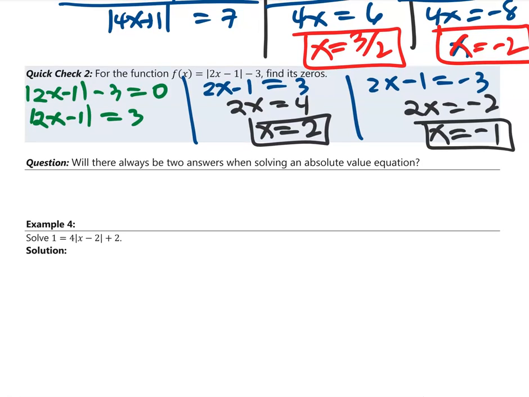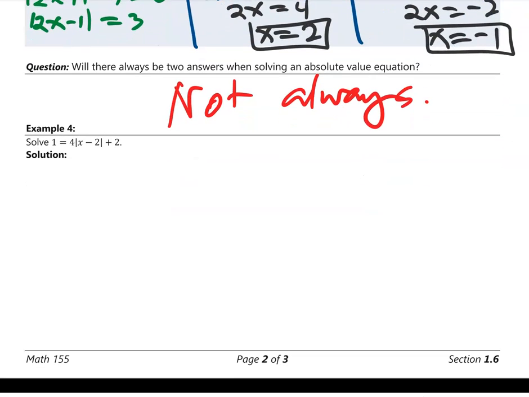Now, will there always be two answers when solving an absolute value equation? Not always. Example number 4. Solve 1 equals 4 times the absolute value of x minus 2, plus 2.